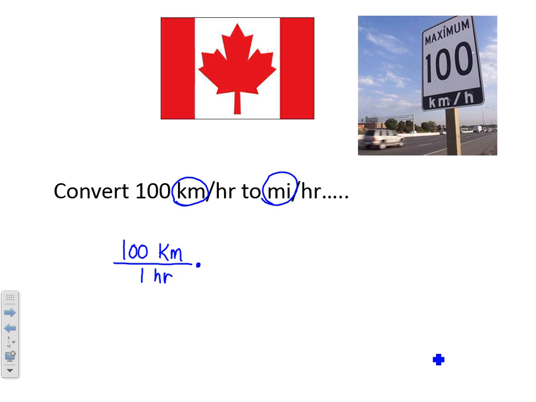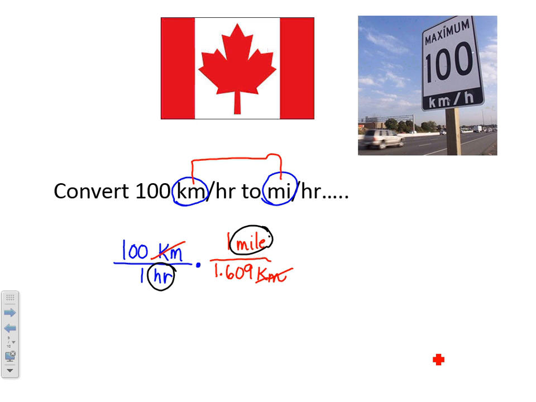And you're going to need your conversion factor for kilometers to miles. I happen to know that there are 1.609 kilometers in every 1 mile. And so now our kilometers are going to cancel and we will be left with miles per hour.